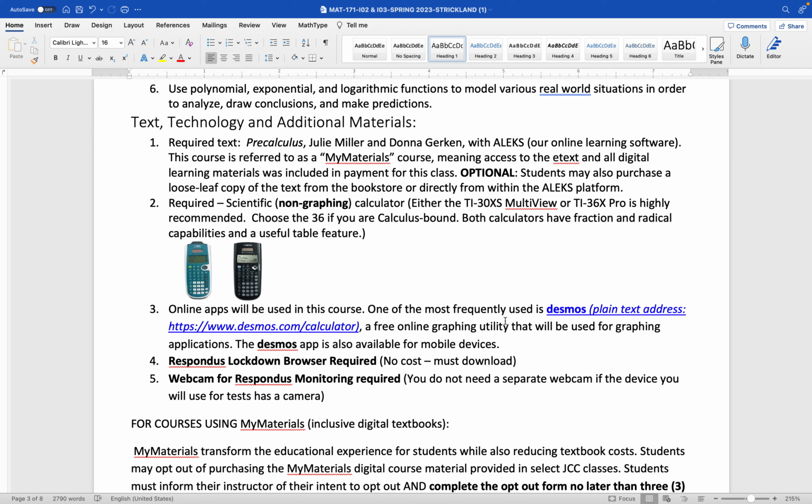If you have a TI-83 or 84 calculator or some other TI calculator with a higher number, it's going to be a graphing calculator. Those items are not allowed. And for the 36 as well as the 30 calculators, if you're calculus bound, the 36 is recommended. Both calculators do have fraction and radical capabilities as well as a useful table feature.